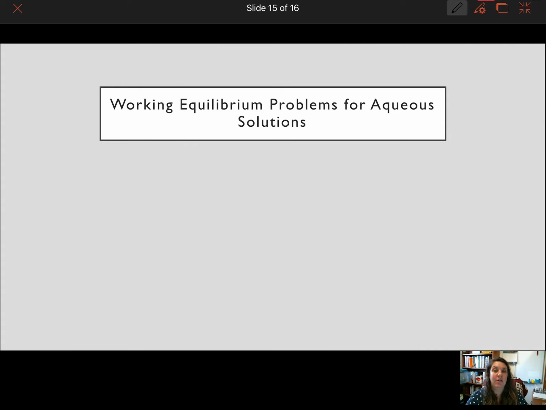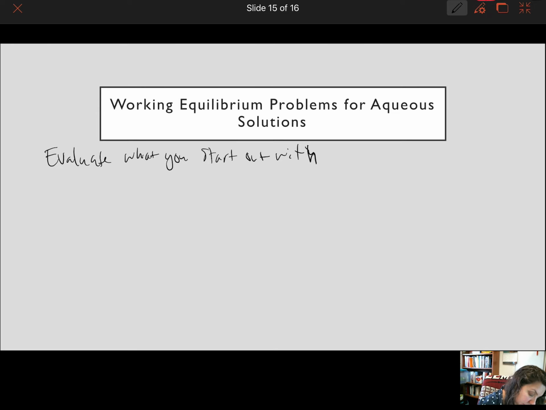Okay, so if we have an aqueous solution, we want to evaluate what we are starting out with and determine what we need to do. If we have just an acid or base, we cannot use our Henderson-Hasselbalch, okay?